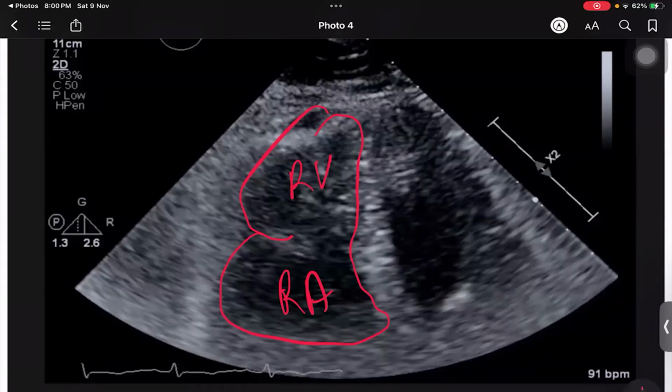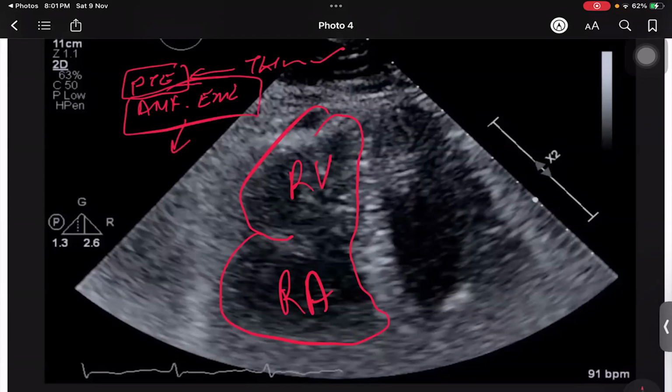Okay, so the thing is that you have to differentiate between pulmonary thromboembolism and amniotic fluid embolism. If the patient has pulmonary thromboembolism, yes, thrombolysis is the thing that you need to do. But if it is an amniotic fluid embolism, then this patient probably requires VA ECMO.